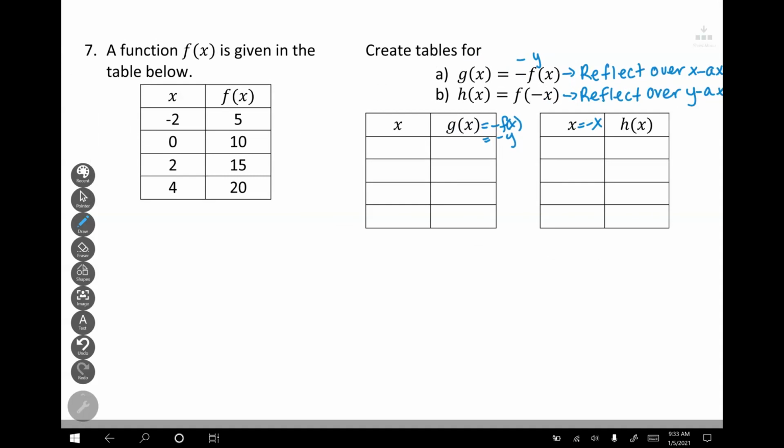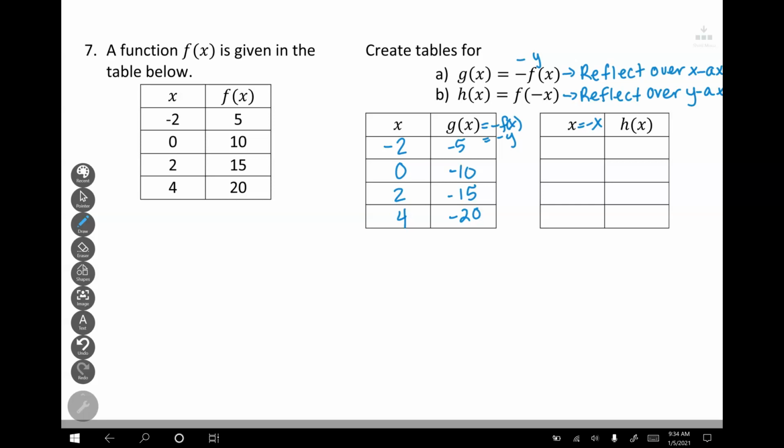So the first one, multiplying our y values by -1, means my x values are not going to change, but my y values are going to be multiplied by -1. Keep in mind that if one of these numbers had been negative to start with, so let's say like -10, then over here I would have +10. -1 times -10 would give me +10.